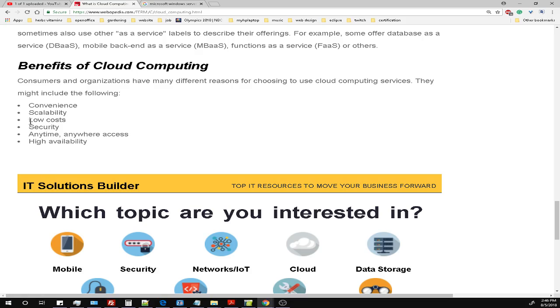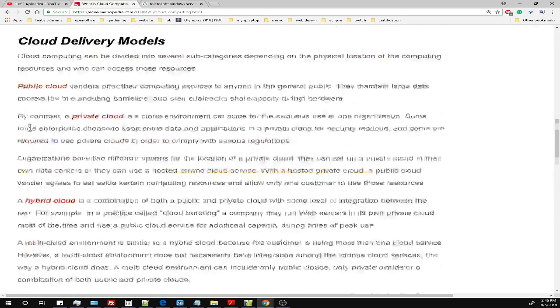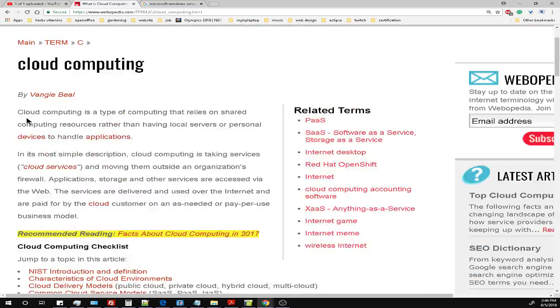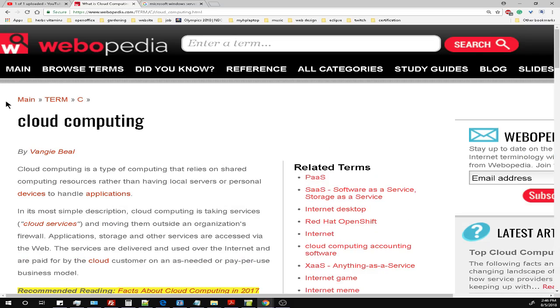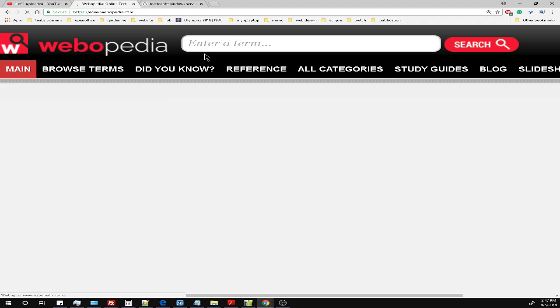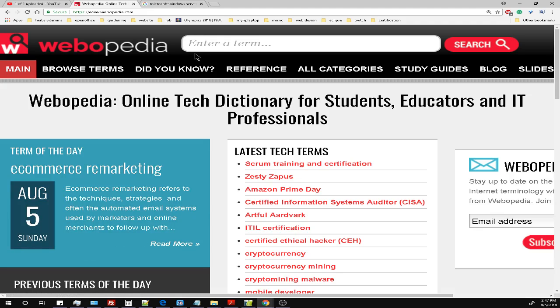But if you can get past that type of problem and you can handle that in your environment in such a way that works for you, then this is a great place to look for all kinds of terms and other references and study guides, all kinds of stuff in reference to computers and technology in general.